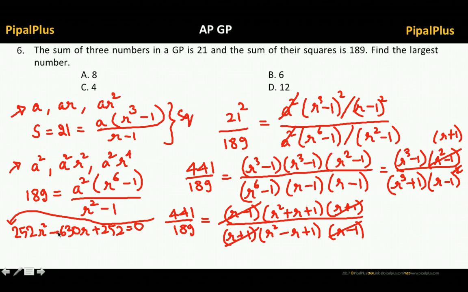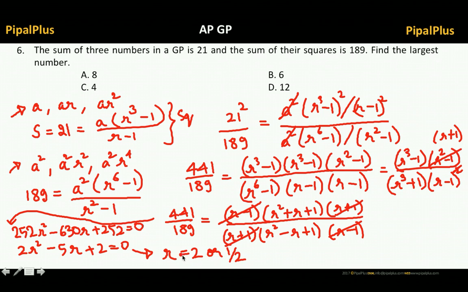Now when I cancel some of the common factors out, the final equation I get is 2r squared minus 5r plus 2 equals 0. And when I further simplify, I break up the middle term, and I get the possible values of r as 2 or 1 by 2.